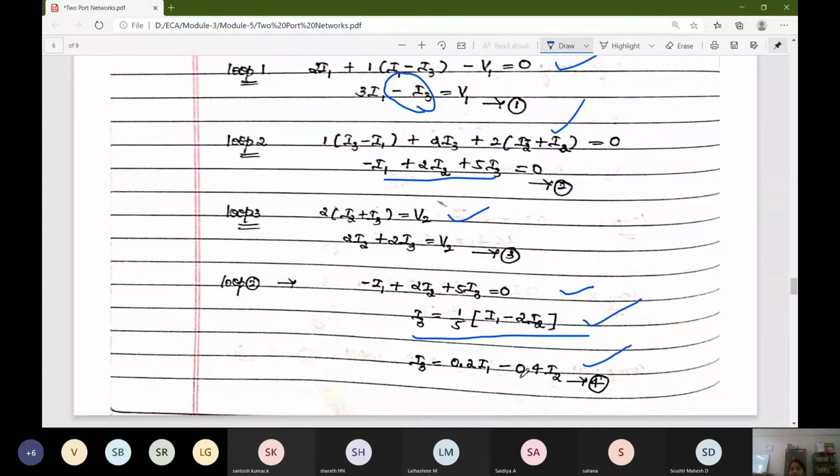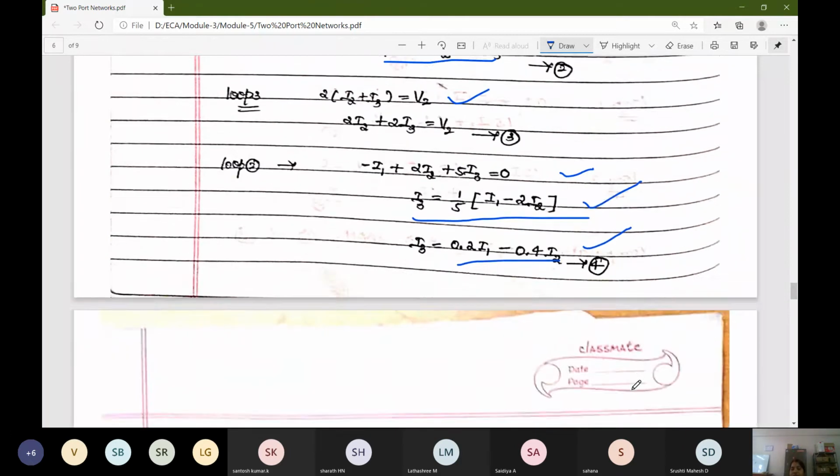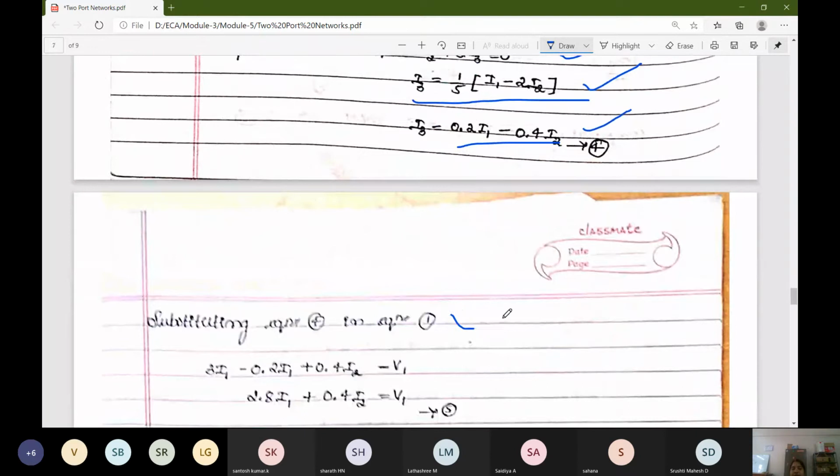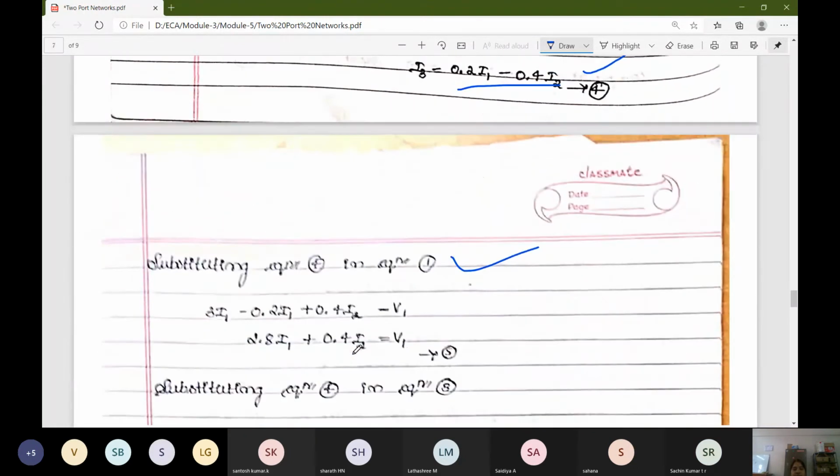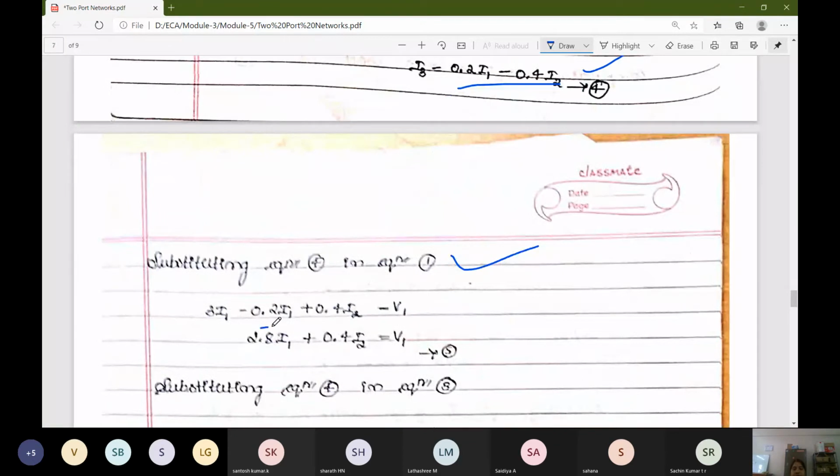It is simplified and written here. This I3 equation, equation 4, should be substituted in equation 1. What is our equation 1? 3I1 minus of this complete expression, which is nothing but our I3. After substituting I3, simplify it, you will get equation 5.